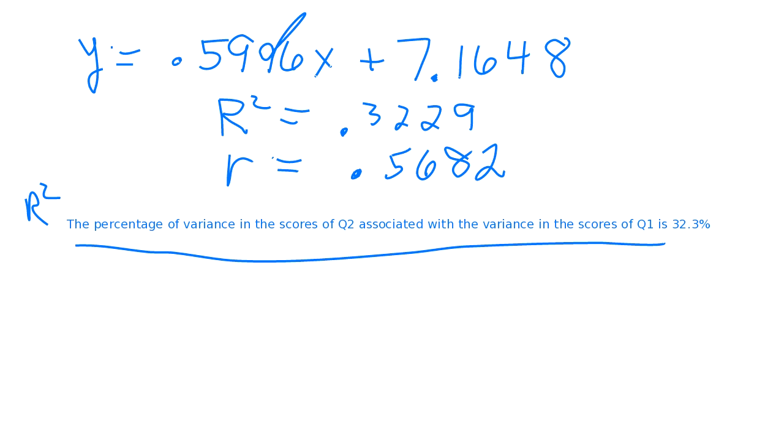When you change r squared to a percentage, it measures the variance between quiz 2 and how it's associated to quiz 1, and that's not very strong. It's only 32.3%. So basically what it's saying is quiz 2 doesn't depend on how they did in quiz 1. It's not a strong relationship.